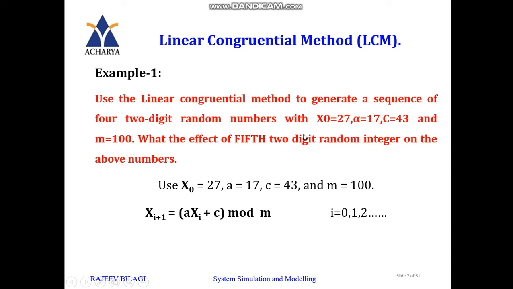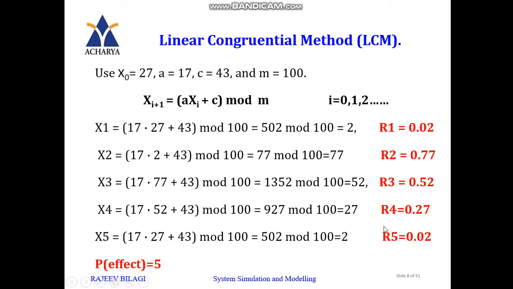In the given problem, x naught, the seed value, is 27, a equals 17, c equals 43, and m equals 100. Since the value of c is not equal to 0, we apply x of i plus 1 equals a x i plus c mod m, where i equals 0, 1, 2, and so on, but here we are going to generate only 4 numbers.